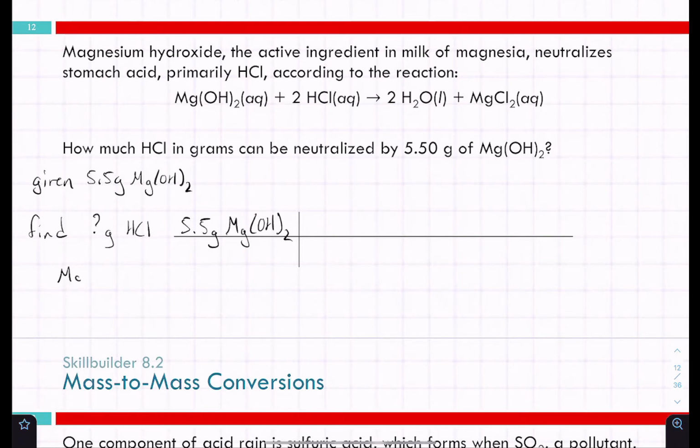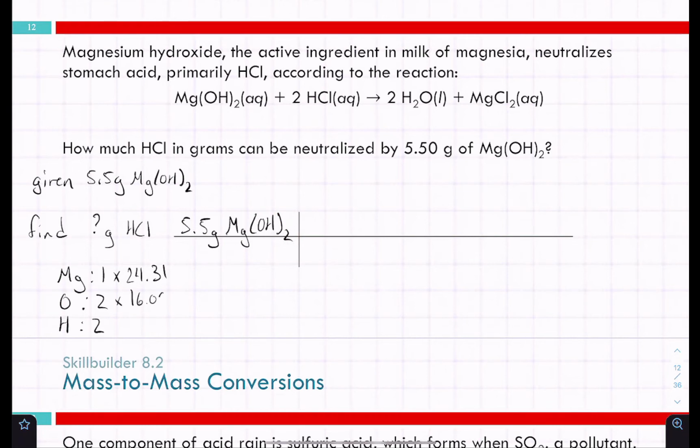So we have magnesium, oxygen, and hydrogen. We have one magnesium. How many oxygens do we have? Two. Because the parentheses here with the 2 subscript on the outside tells us that we have 2 of everything inside the parentheses. So 2 oxygens and 2 hydrogens. Magnesium is 24.31.